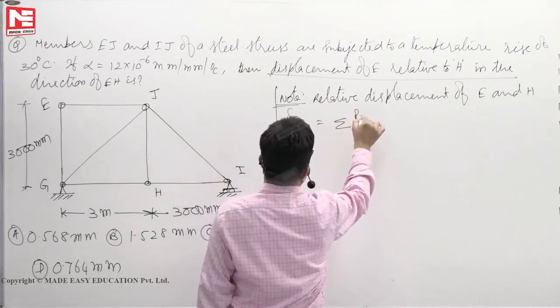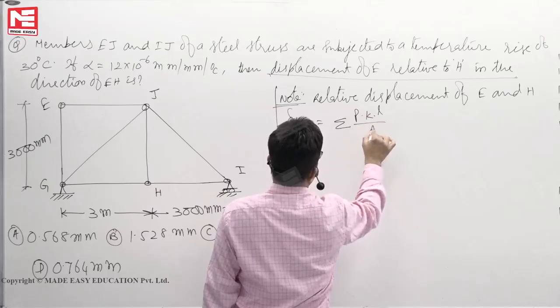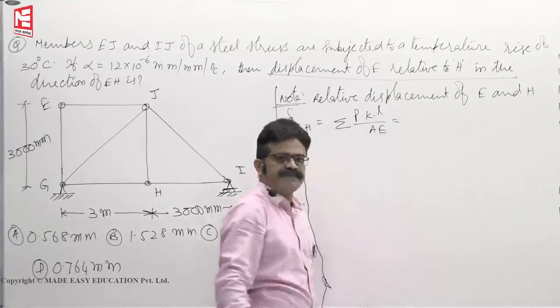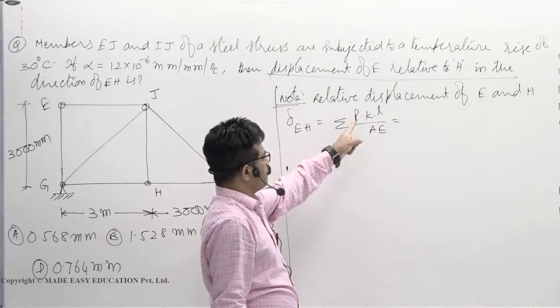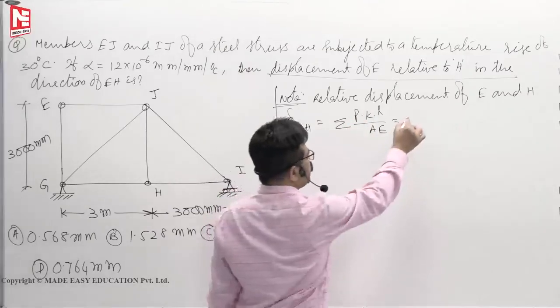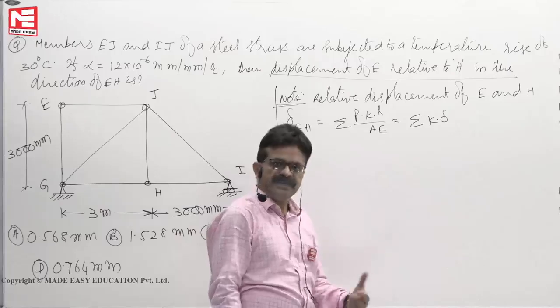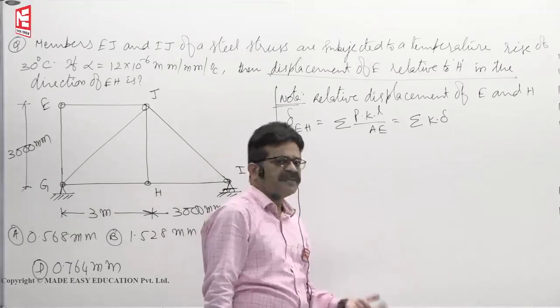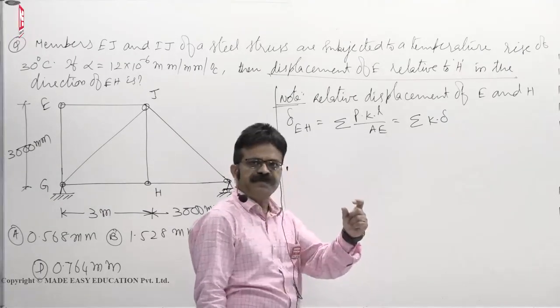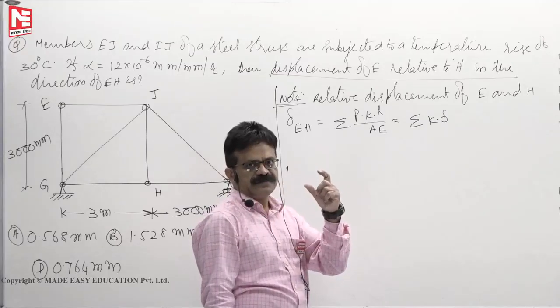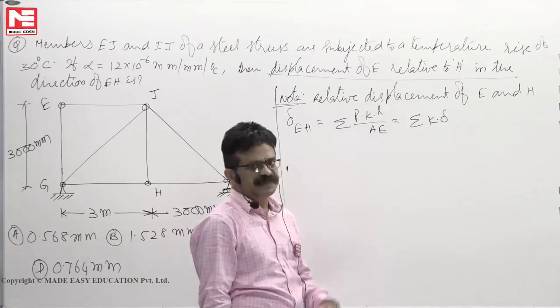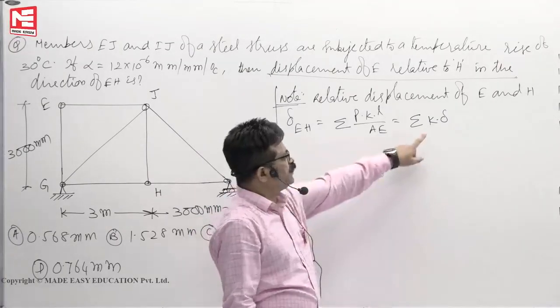Formula is same, I told you, PKL by AE. Now, PKL by AE, we can write summation of K into delta. That delta can be PKL by AE, or it can be alpha TL, or it can be lack of fit. That means improper cutting delta can be there. So now we will use that formula.